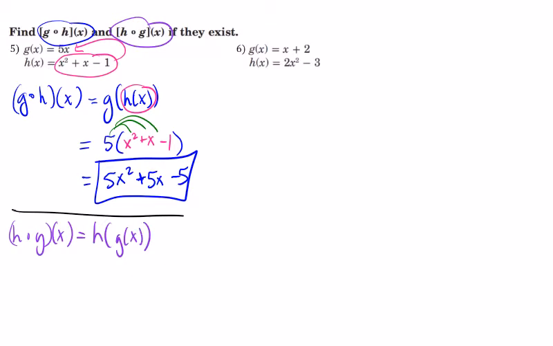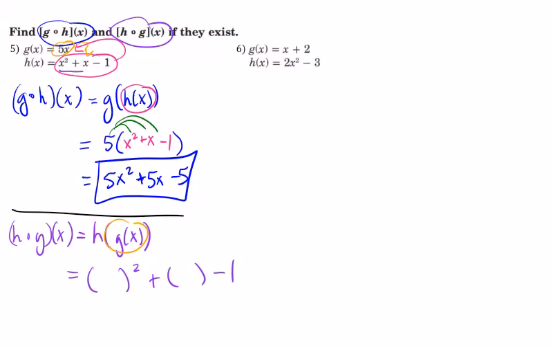So we're going to take this function here, let me use a different color, and now we're going to put that into h of x. So I'm going to rewrite h of x with room to put in g of x. So it's x squared. Instead of x, I'm going to put in g of x, and then minus 1.